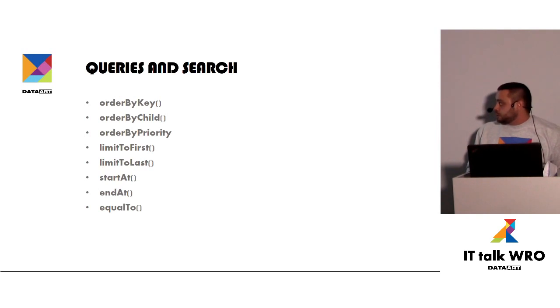The queries are pretty powerful. You can combine those queries to do what you do in a relational database. As if you work with SQL, you could select something, you could filter, you could limit, you could do anything you want.